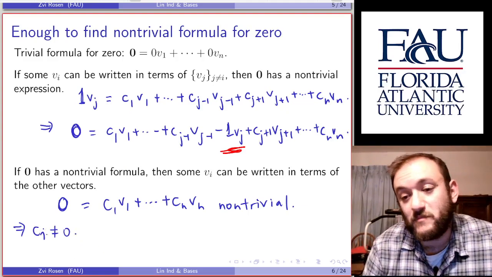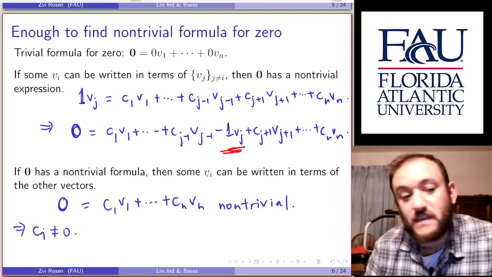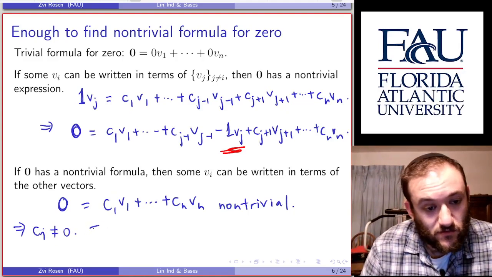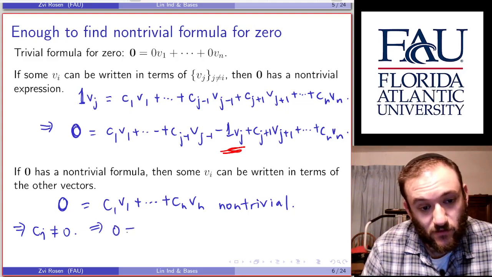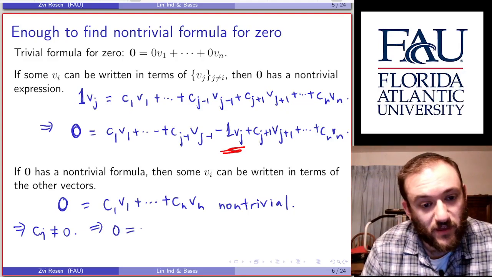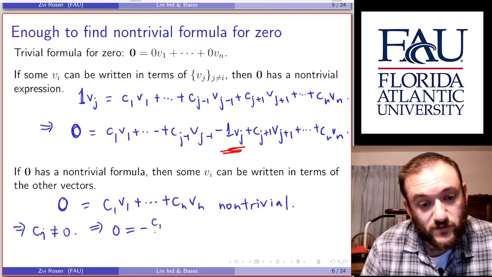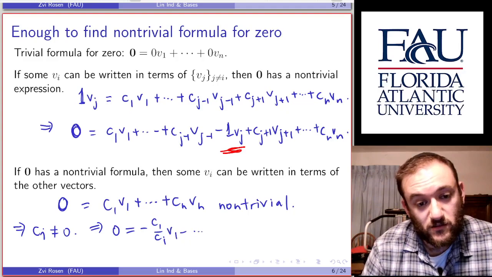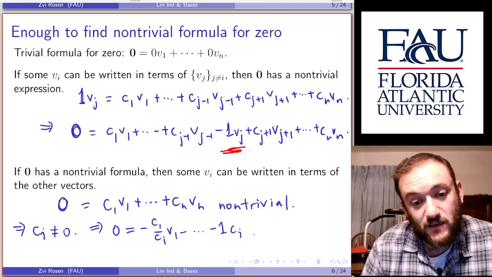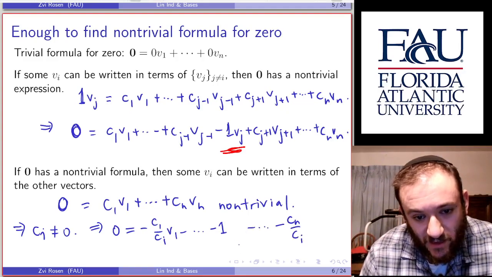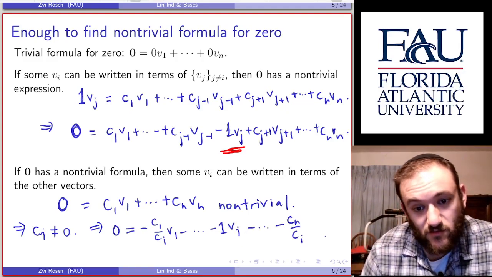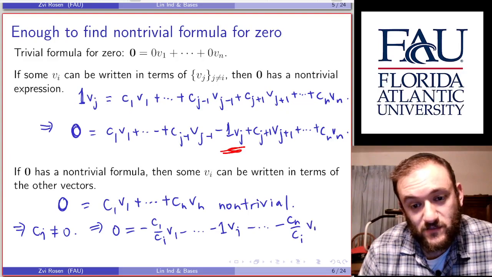Okay, but then that means I can multiply the whole thing by minus 1 over ci, so we get minus c1 over ci v1, etc., minus 1 vi, etc., minus cn over ci vn.